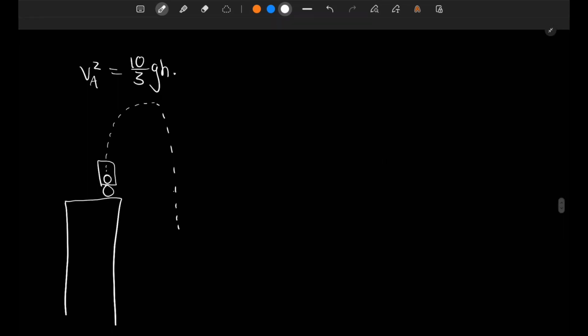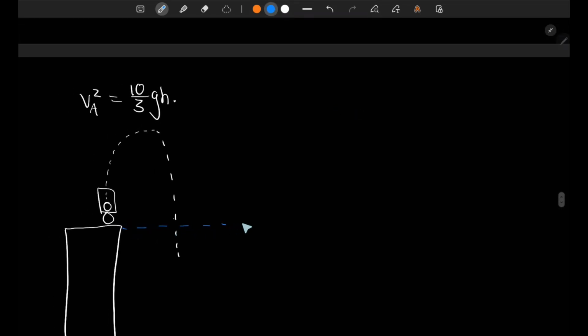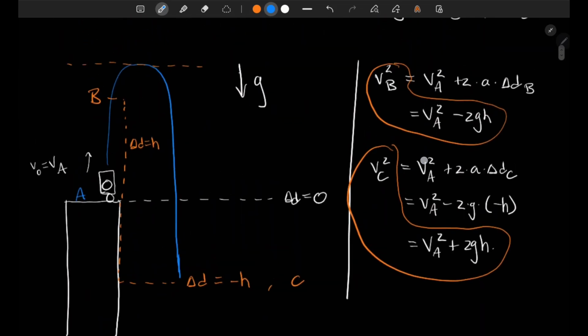And what we can say is, in order to find this height, so if this guy is delta d is equal to 0, we want to find this delta d. We want to find what that is, because that's how high the cannonball goes. Because remember, that's what we're after.